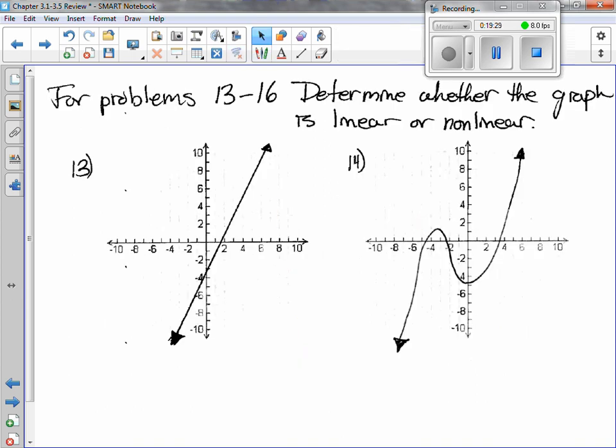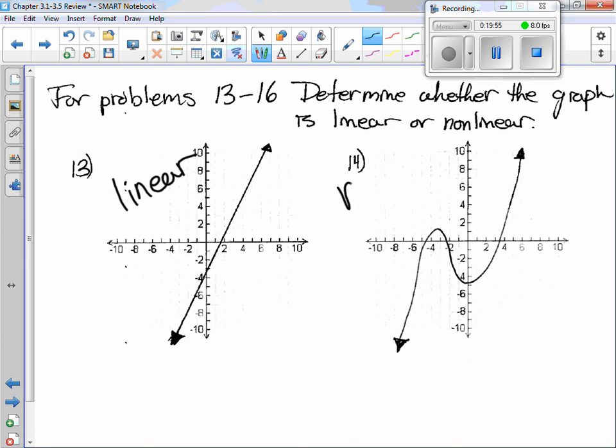And I think this here is what y'all like the best, right next to some of the ones we've done before. Determine whether the graph is linear or nonlinear. So if it's linear, it makes a what? Straight line. So is 13 linear? So this 13 is linear. How about 14?